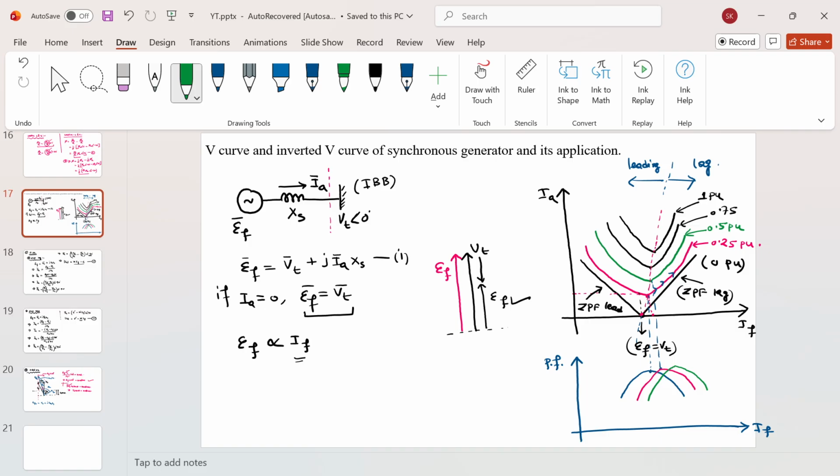And this is very important from the industry point of view. Why it is important, we will see what the application is in practical life. Let's say you have a large network, and you did the power flow analysis, and you got to know that the generator you have, let's say you have one generator bus connected to bus number 4.